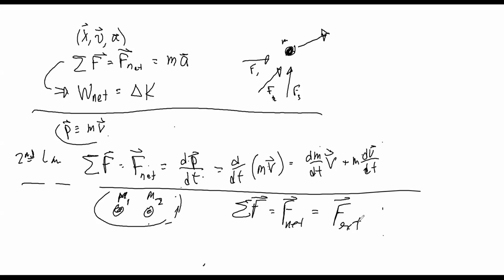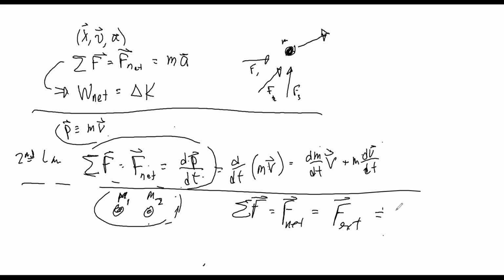With this definition of the momentum, then, if the net external force on the system is zero, then the total momentum will be a constant, will be, one would say, conserved.